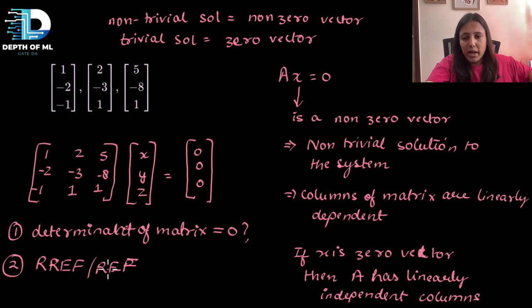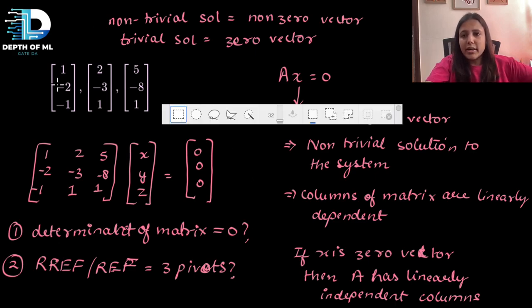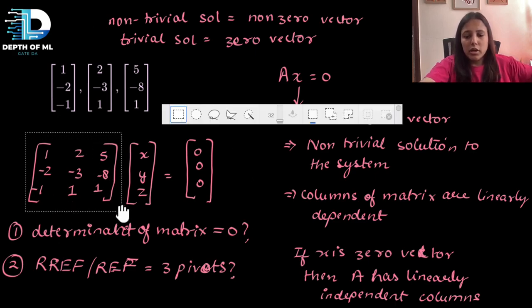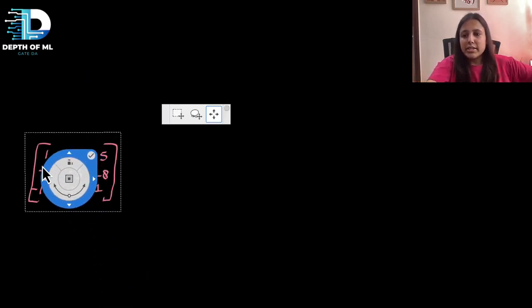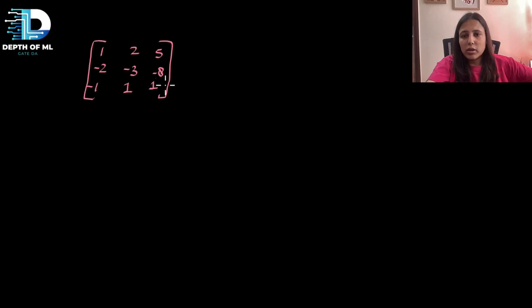In RREF, you will check whether you have 3 pivots or not. If you have a matrix which is n cross n, you will look for n pivots. Fine. So I'll take this matrix and I'll try to reduce it to the reduced echelon form, and I'll see if I have pivots in all the columns, then I know that these are linearly independent.